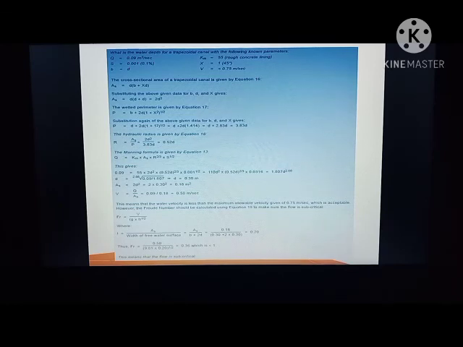Substitute again the above given data for B, D, and X. P is equal to D plus 2D multiplied by 1 plus 1 squared raised to 1 half, which is equal to D plus 2D multiplied by 1.414, which is equal to D plus 2.83D, which is equal to 3.83D.